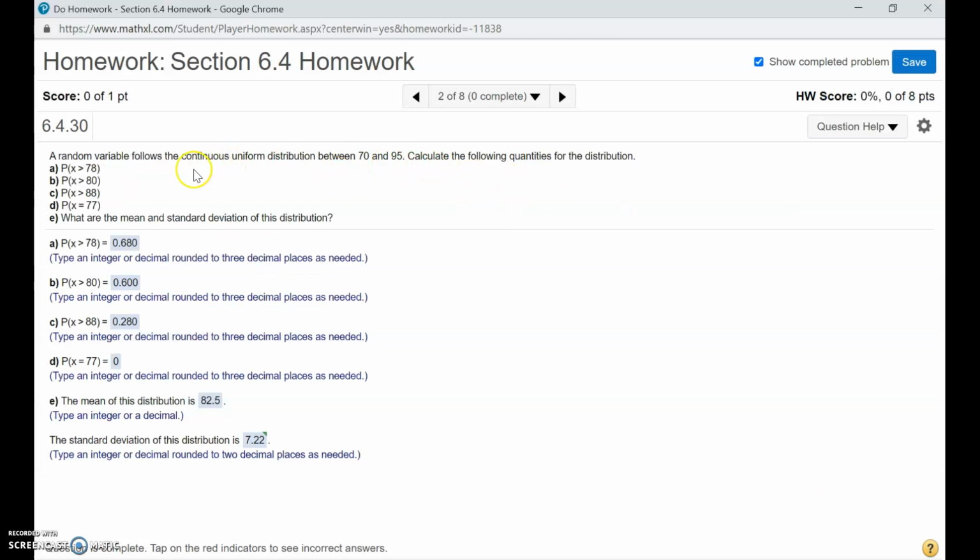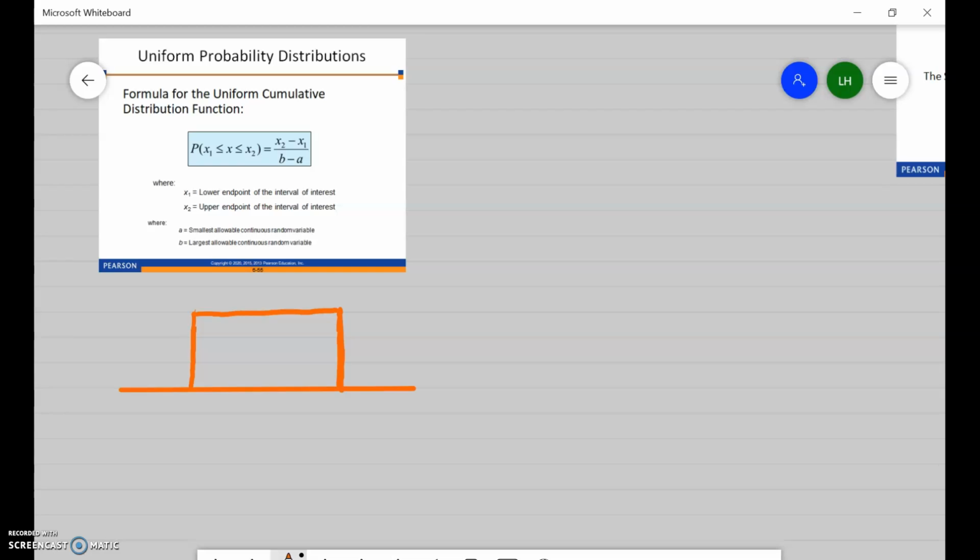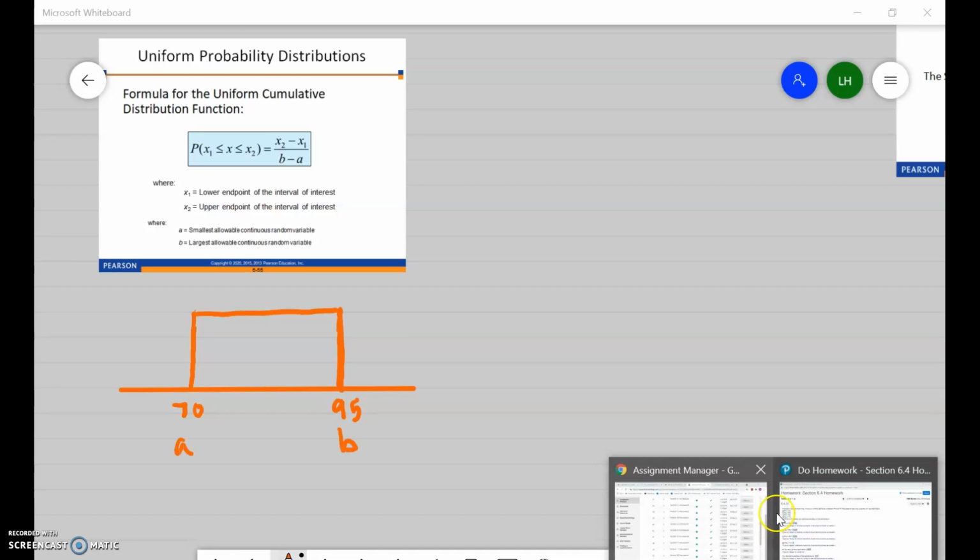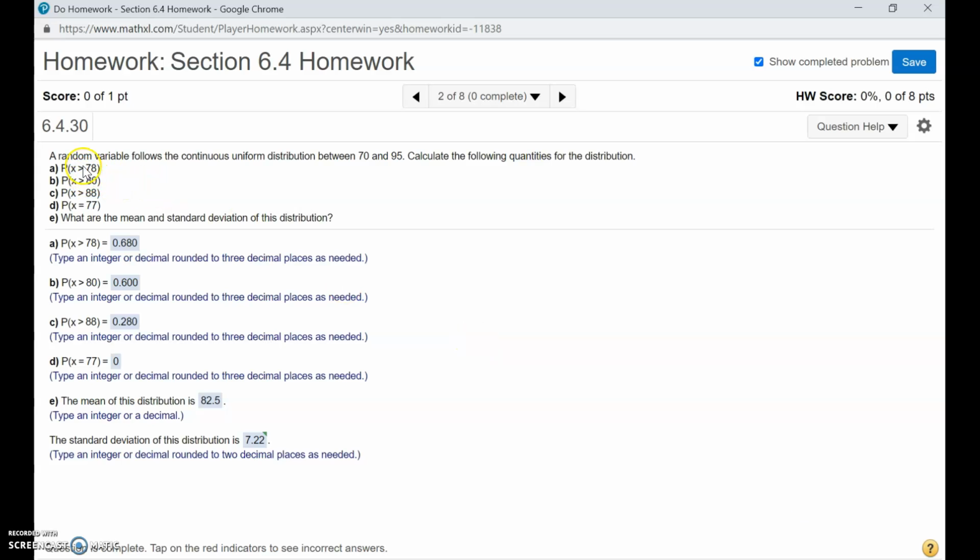So in this problem, we have a continuous uniform distribution between 70 and 95. So 70 and 95 are A and B. And for the first problem, it asks the probability that X is greater than 78.